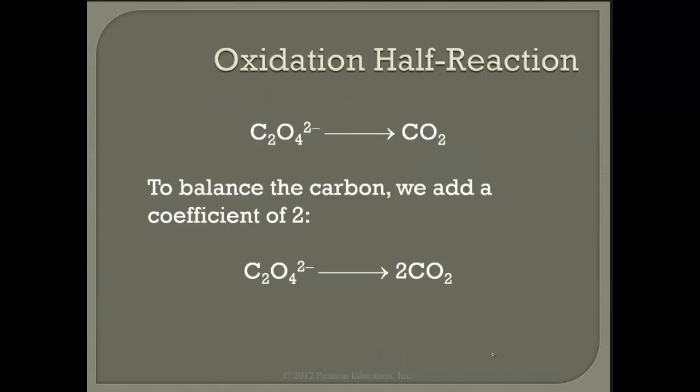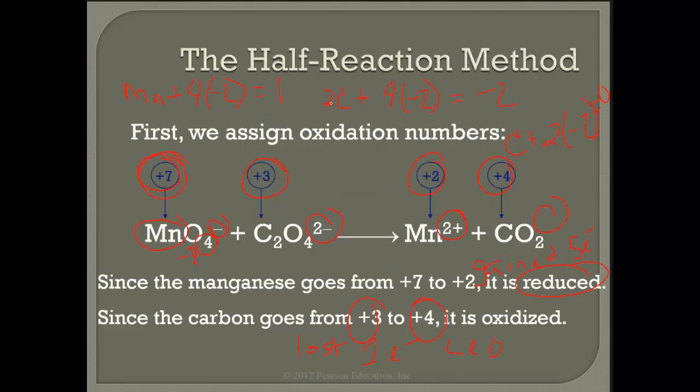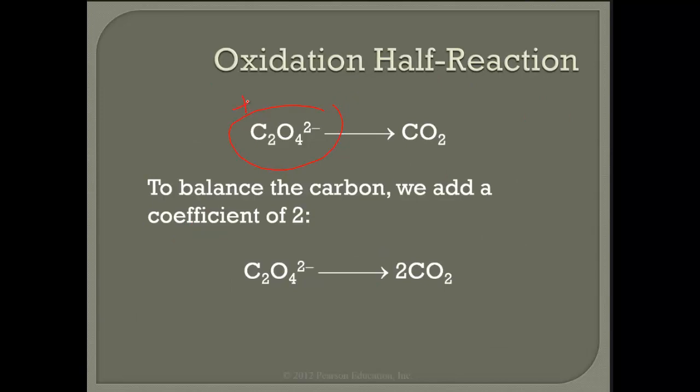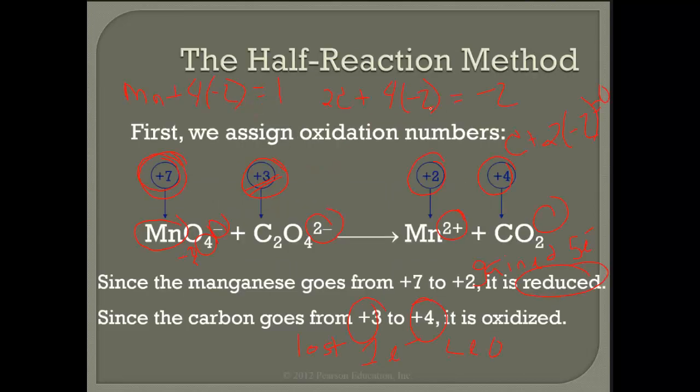Alright, so now we're going to break them up into separate reactions. Let's look at carbon first. It's going from C2O4 2- with a charge we said was a +3 to CO2 with a charge of +4. Once again, remember that it has actually lost electrons in this process, so it's been oxidized.